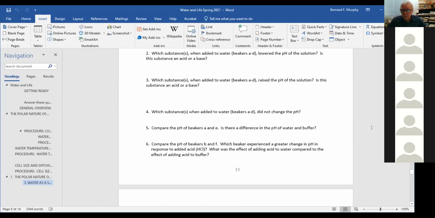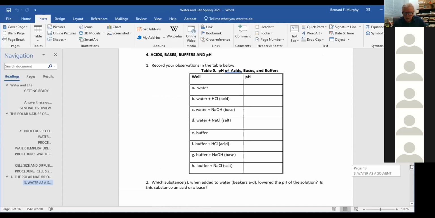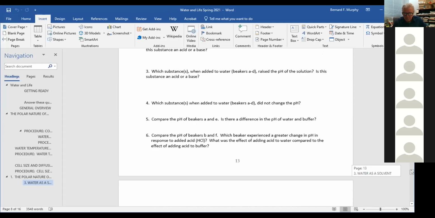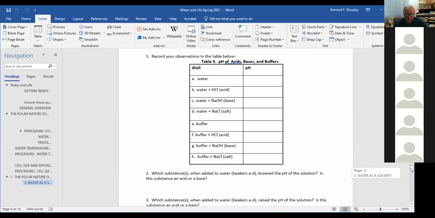And then 5, compare the pH of beakers A and E. So A is just pure water, E is buffer. There's no change in pH. They're both 7.0. Then 6, compare pH of beakers B and F. So B is water and acid.